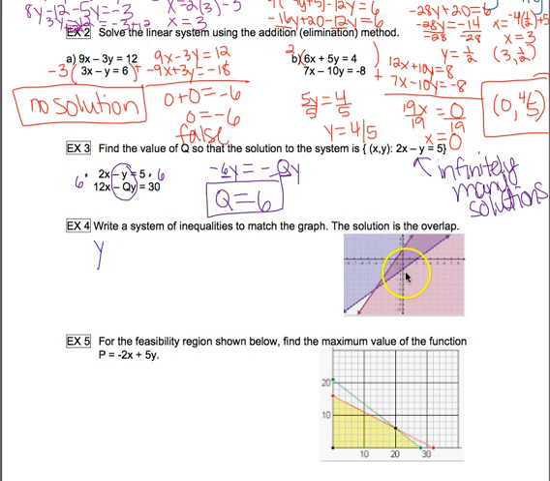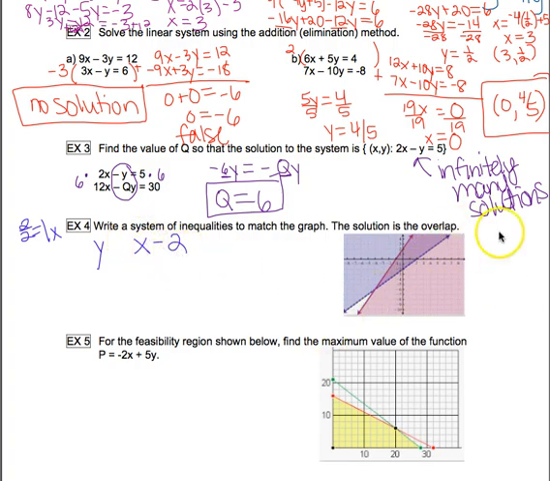I have gone up 2 units and right 2 units to get to this next exact point. So up 2, right 2, 2 over 2 is 1. So the slope of this line is 1. You don't write 1x, you just write x. So x minus 2 is the rule for the line. Slope 1, y-intercept negative 2.